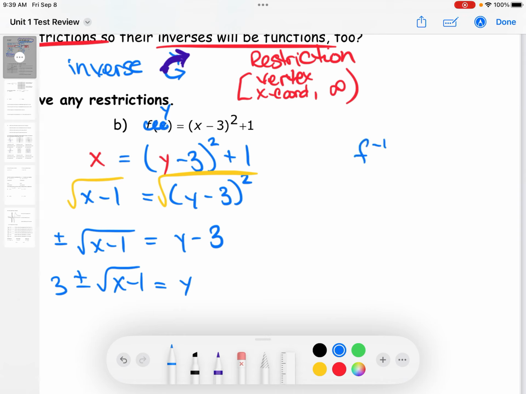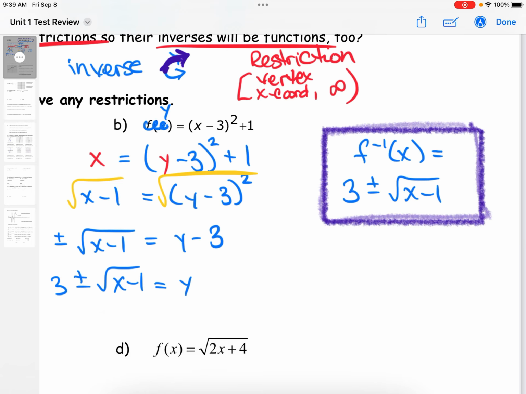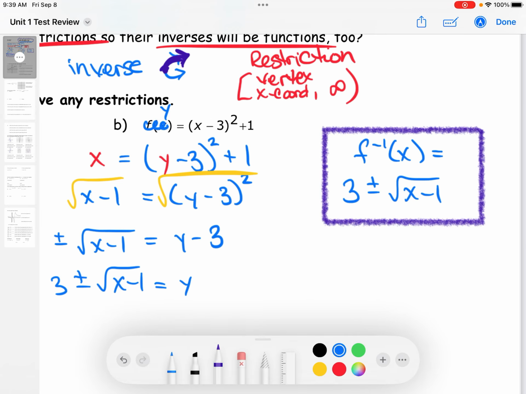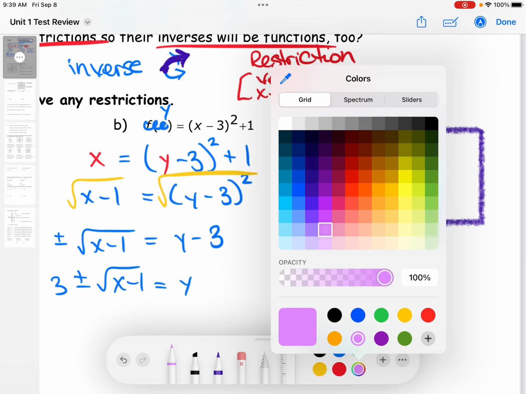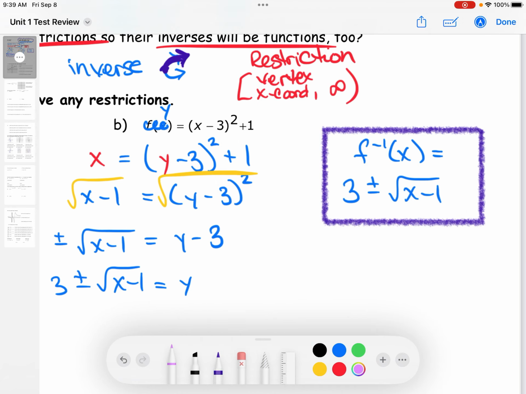So the inverse, f inverse of x, is 3 plus or minus the square root of x minus 1. This is your inverse. Now, because this is a quadratic, it does need restrictions.